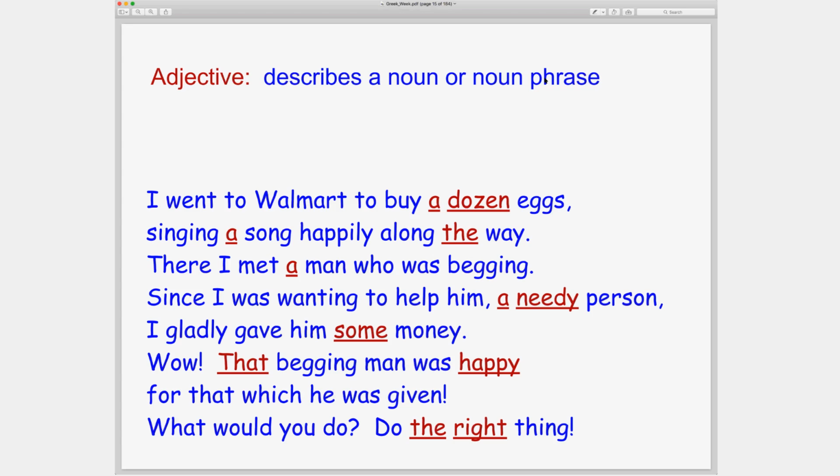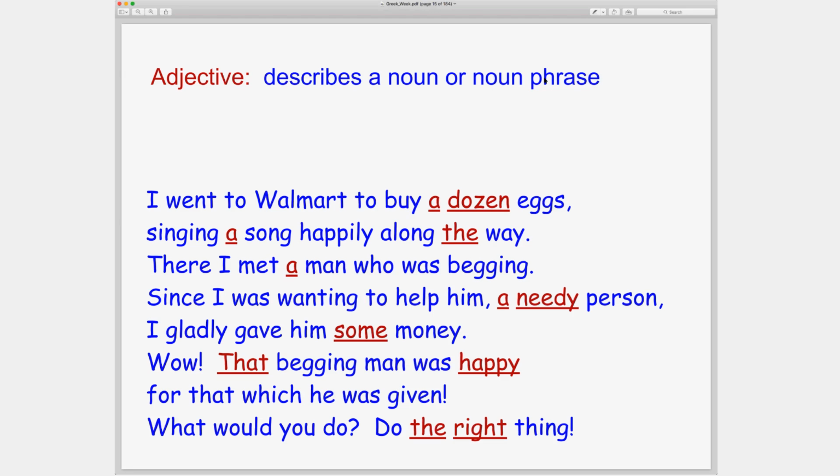An adjective describes the noun or a noun phrase. So we have the noun eggs, and there's a dozen eggs, not brown eggs or white eggs or soft eggs or hard eggs or something like that.